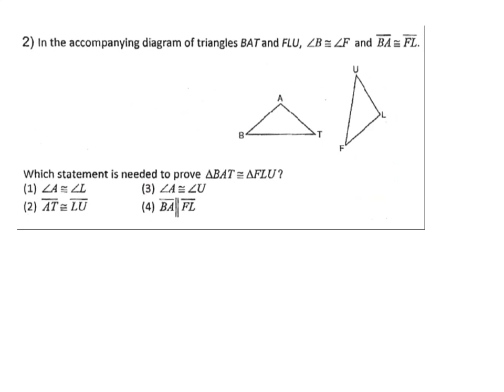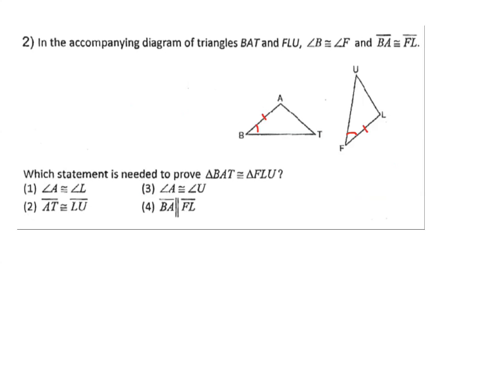All right, let's look at the next question here. Notice that angle B is congruent to angle F. That means those are corresponding angles. And then side AB is congruent to side FL.